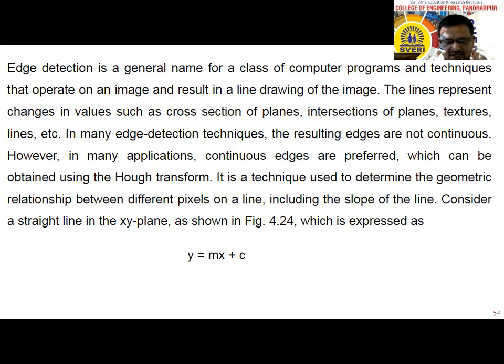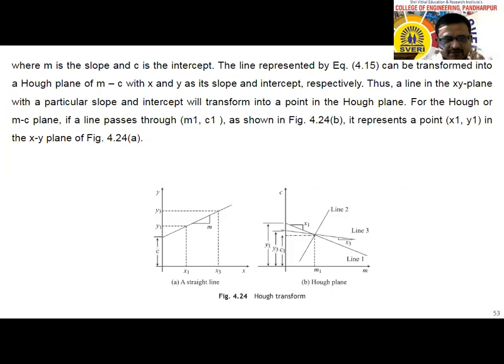Consider a straight line in the xy plane as shown in figure 4.24, which is expressed as y = mx + c, where m is the slope and c is the intercept. The line represented by equation 4.15 can be transformed into the Hough plane of mc, with slope and intercept as its axes.